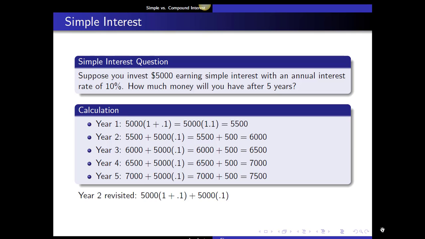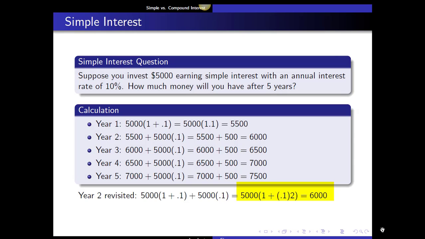But notice with the 1/10, you have one term appearing in the first quantity that has 5,000 and a second 1/10 term appearing in the second piece. So if you add, you have 1/10 plus 1/10, that's 2 times 1/10. So another way for us to write this is 5,000 times the quantity 1 plus 1/10 times 2. In other words, we get our 6,000 just in a different format.